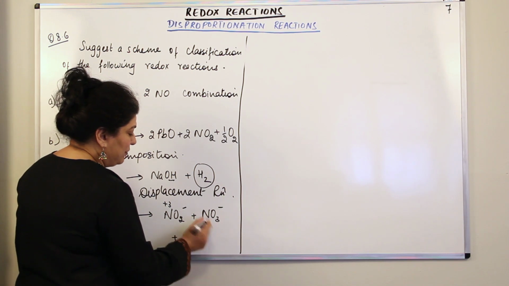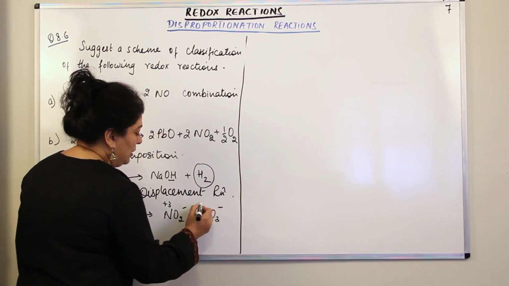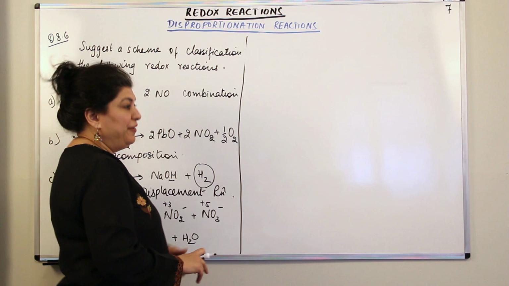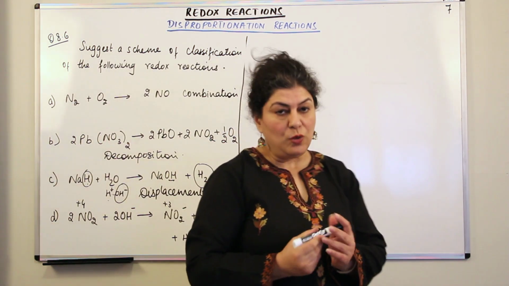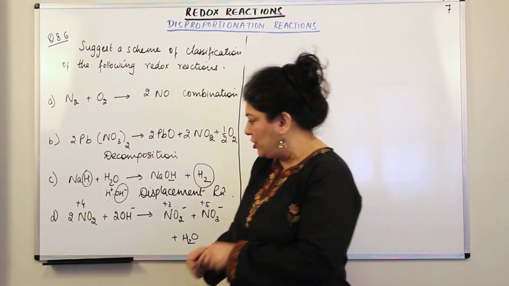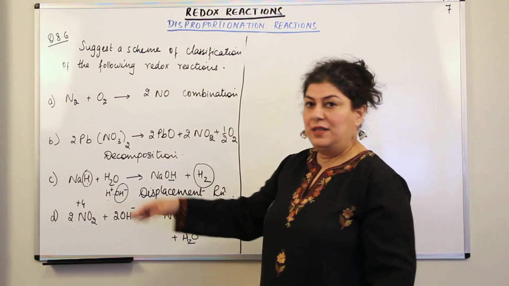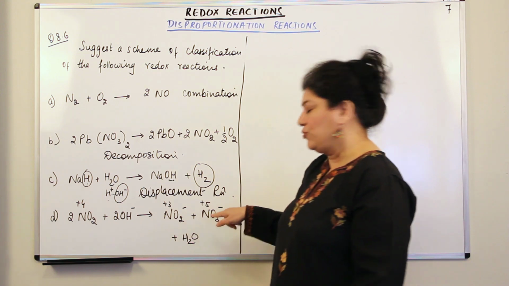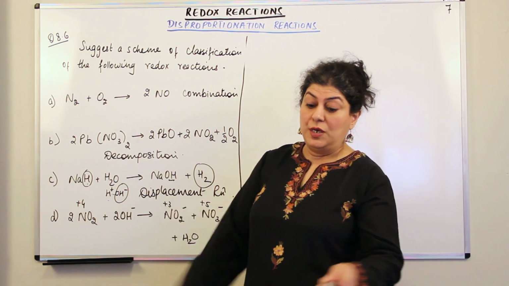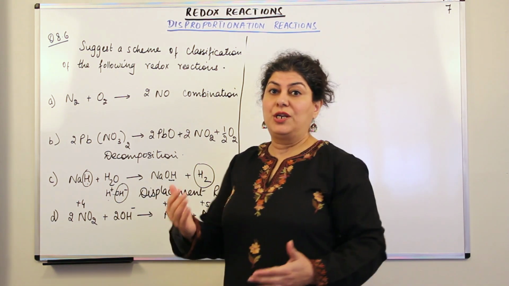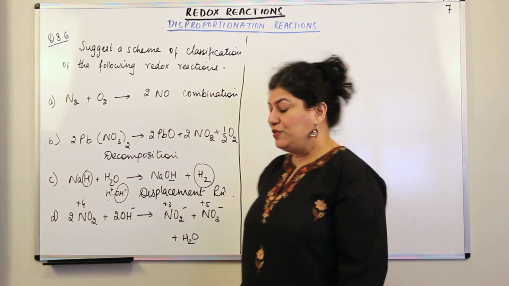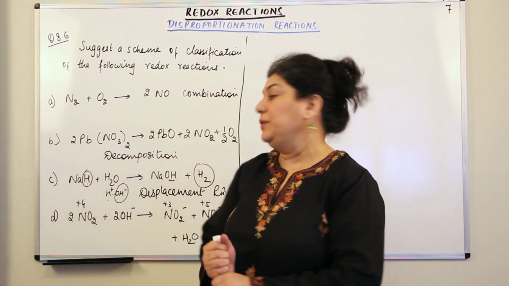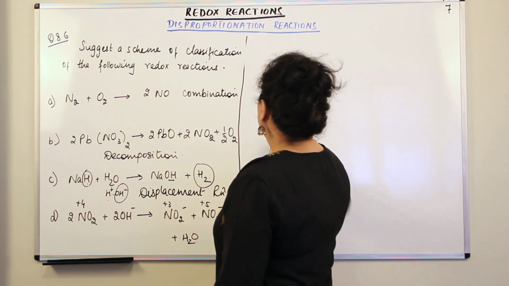So there are 5 negative charges being neutralized by nitrogen. Therefore, the charge on nitrogen is +5. So what were the 3 oxidation states of nitrogen? From +4 it goes to +3, that is, it is reducing, so here it is undergoing reduction. From +4 it is going up to +5, so it is getting oxidized since the oxidation number is increasing. Therefore, this fourth reaction is an example of a disproportionation reaction.